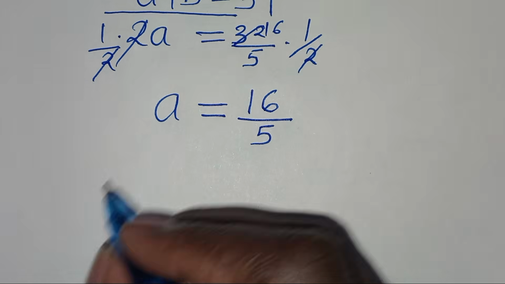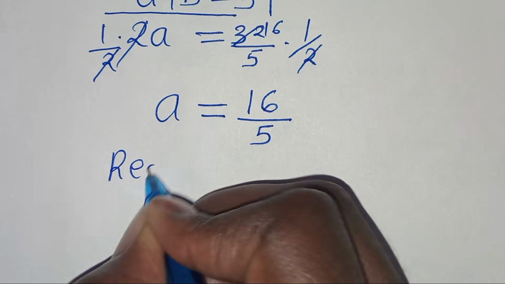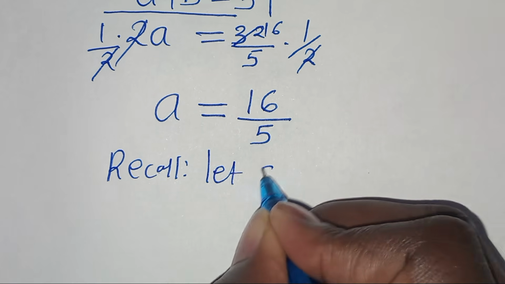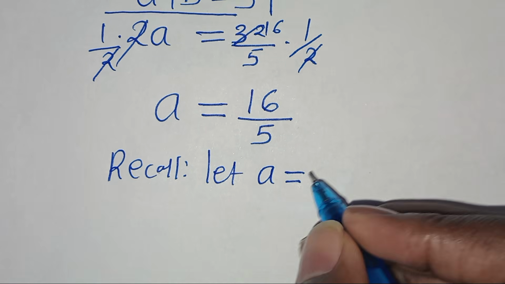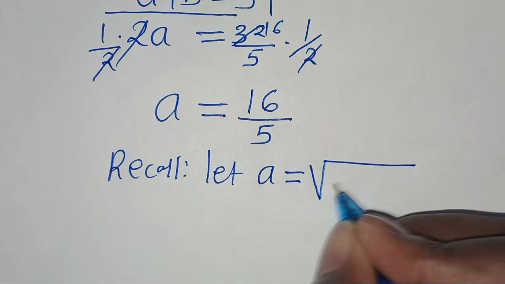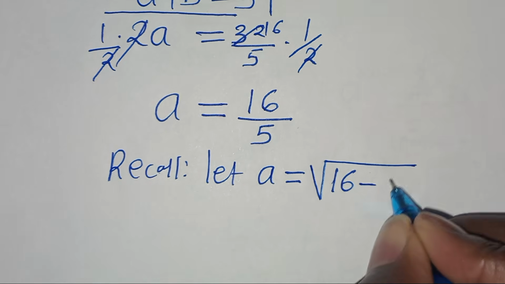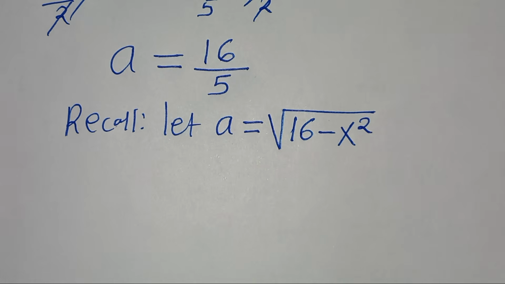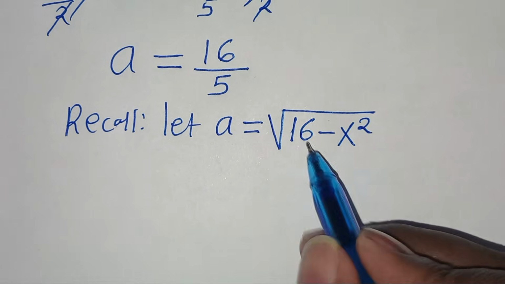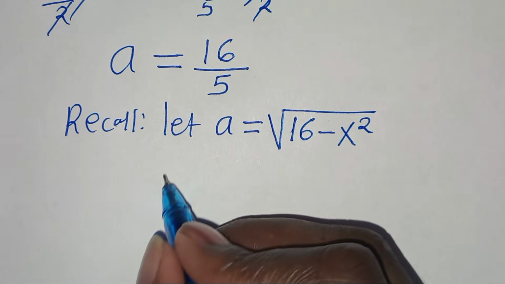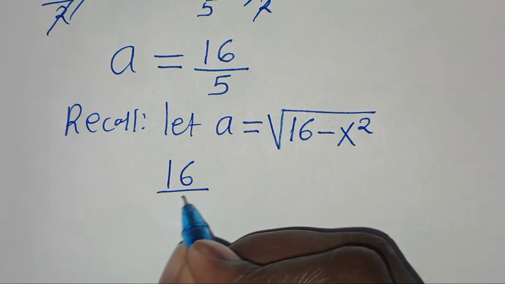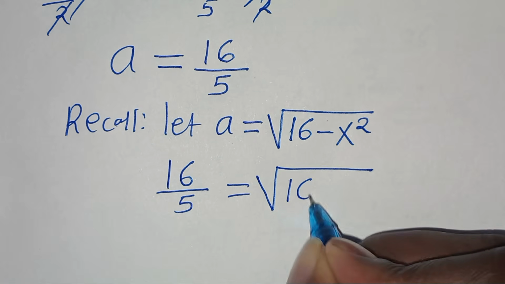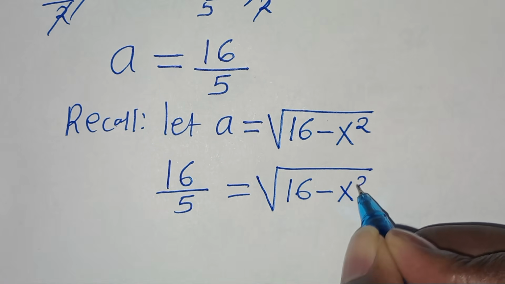And if you recall, we let a be equal to the square root of 16 minus x squared. Now, to solve for the value of x, let's substitute a, which is 16 over 5. This is equal to the square root of 16 minus x squared.